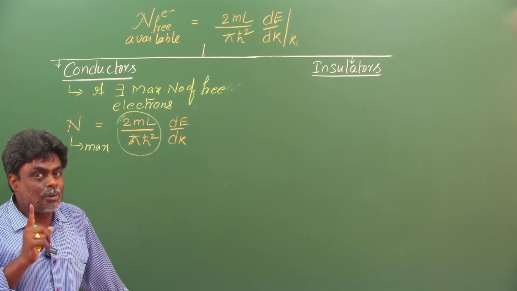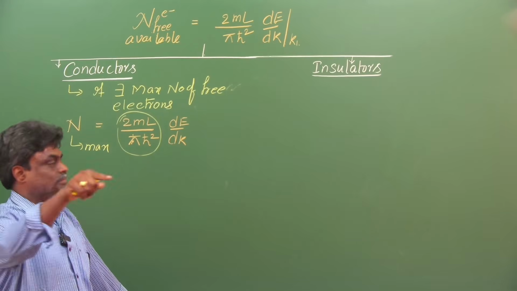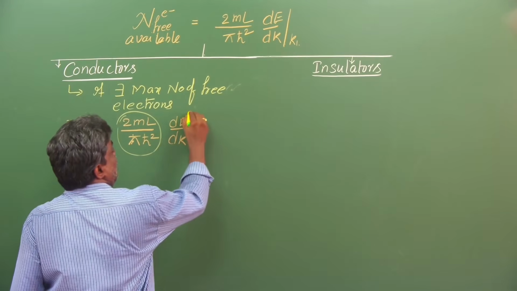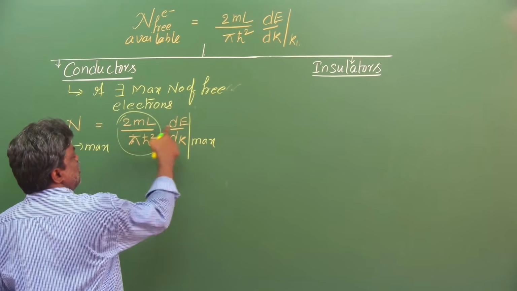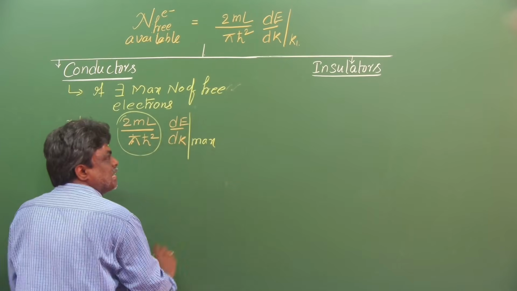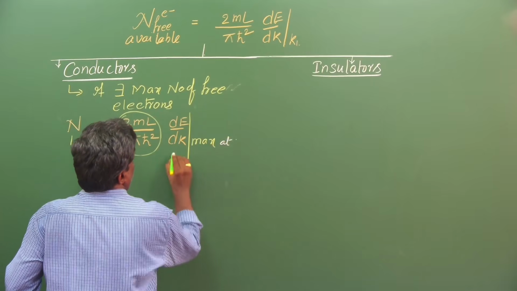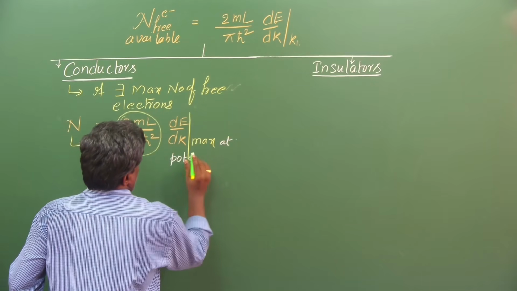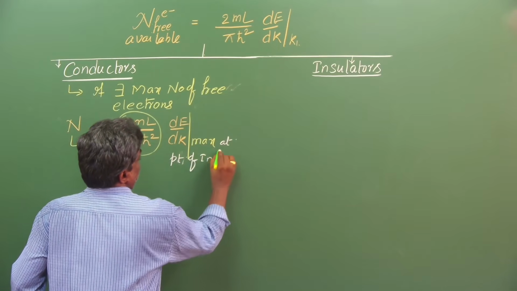So the slope is maximum at the point of inflection. Since N is maximum, dE by dk must be maximum, and this happens only at the point of inflection.